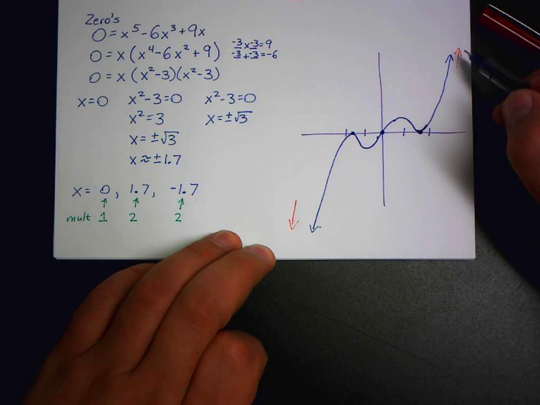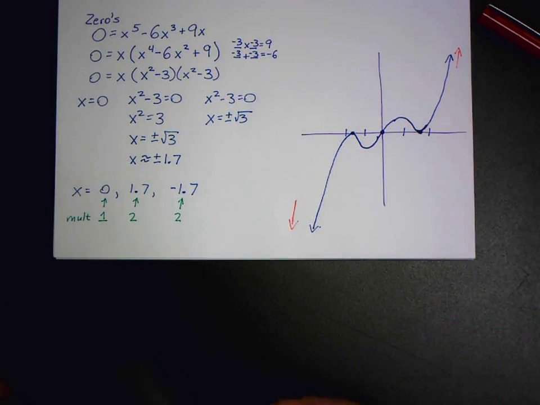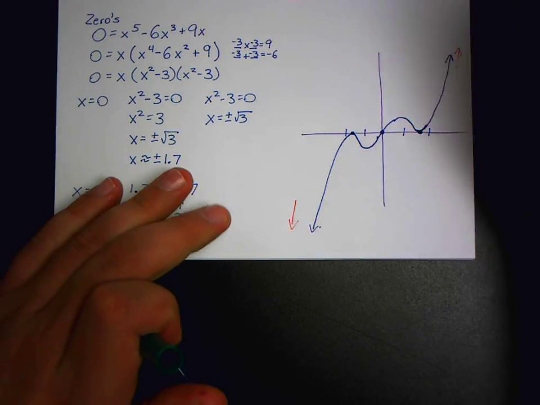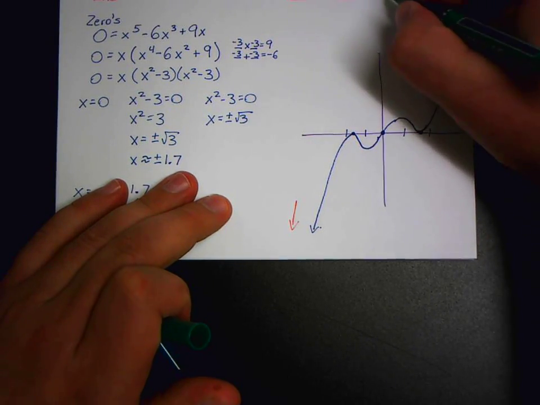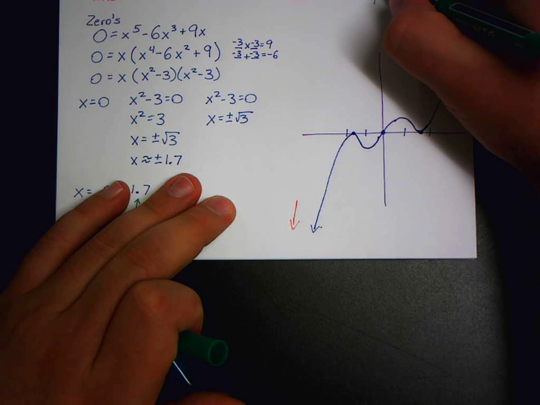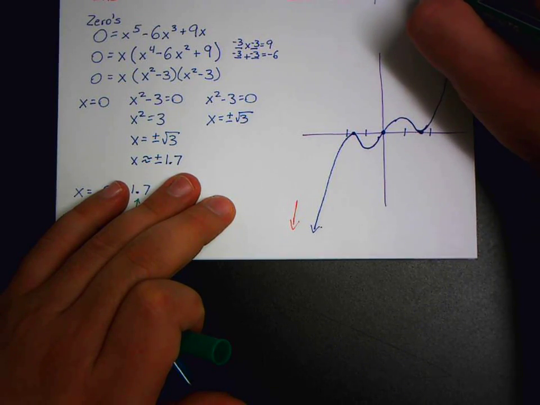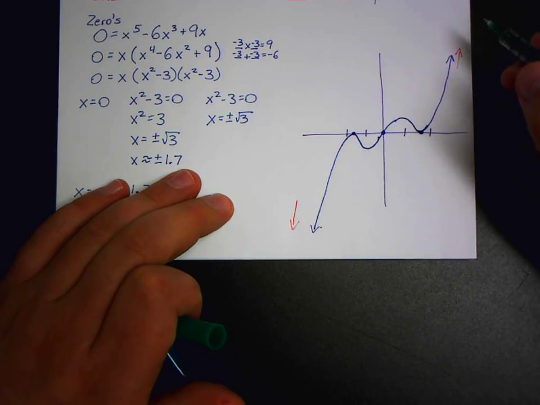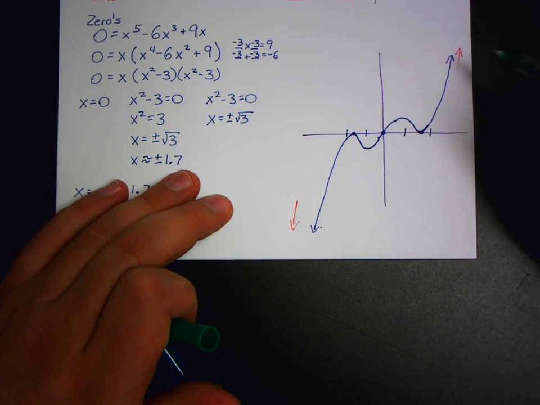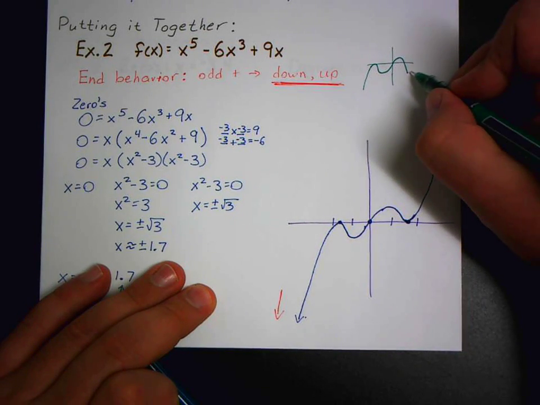Do not force your end behavior. I see all the time on papers, someone messes up their end behavior. So they're doing their graph and they got this one correct. They went through the 0, but then they went through this one. And, oh, my end behavior is wrong.